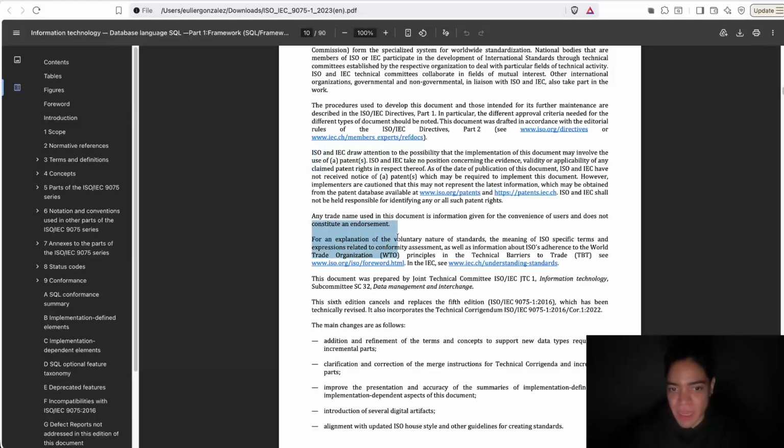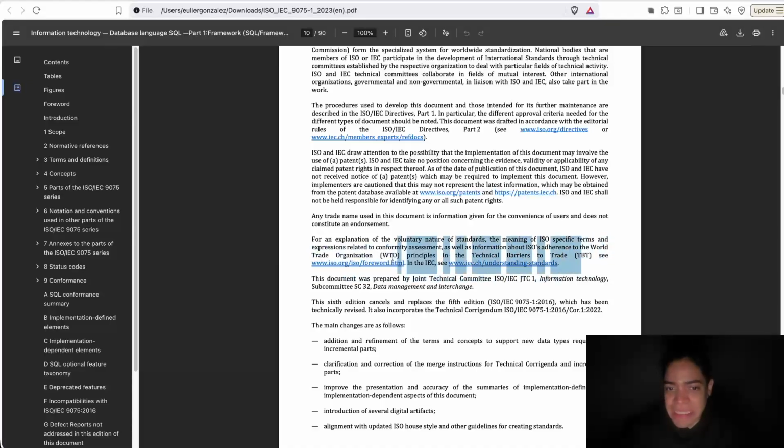It explains the voluntary nature of standards, the meaning of specific terms and expressions related to conformity assessment, as well as information about ISO's adherence to the World Trade Organization principles in the Technical Barriers to Trade. It's the trade that actually moves these standards, and actually moves ourselves as humans.